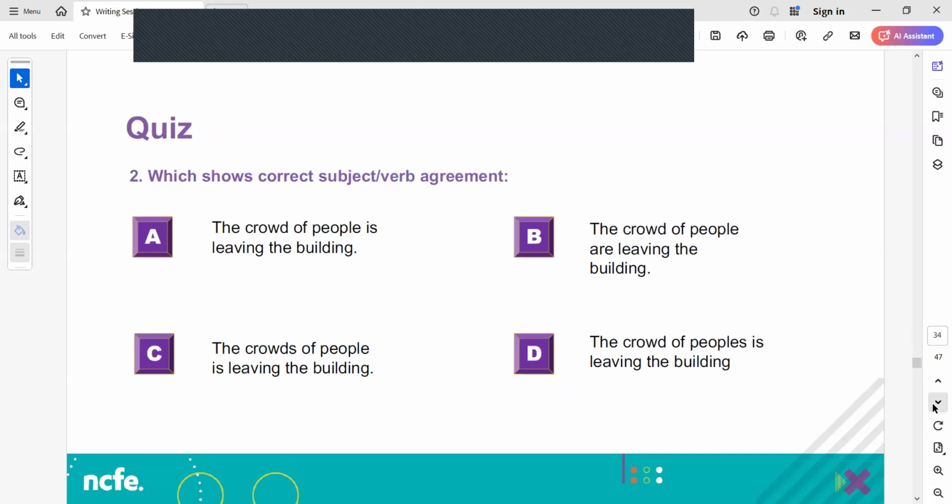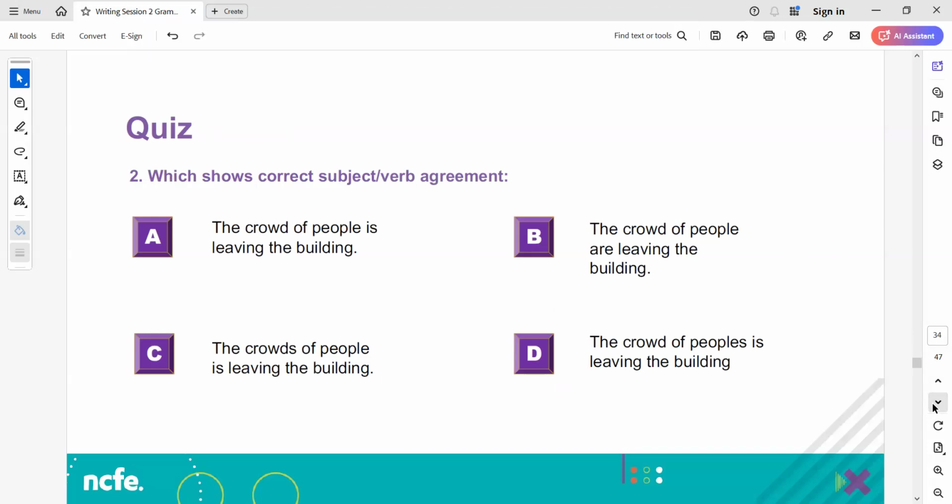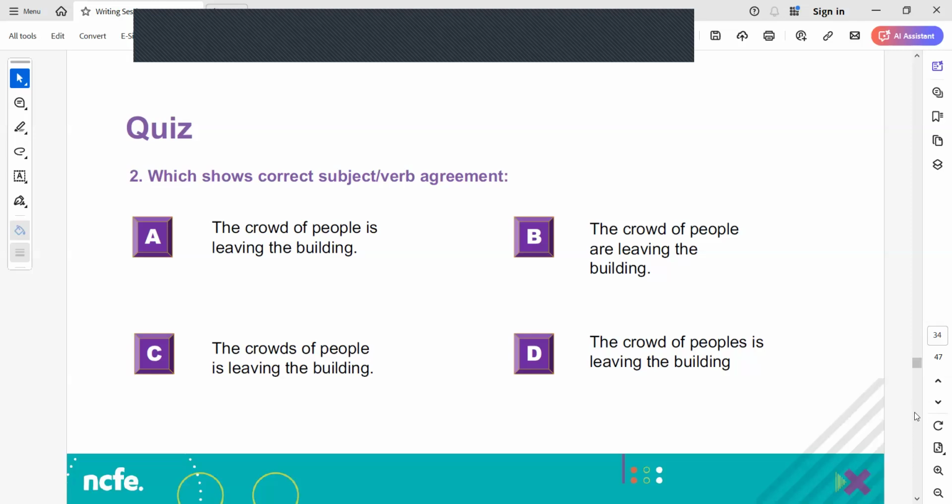Which shows the correct subject-verb agreement? Which one of those do you think is correct?